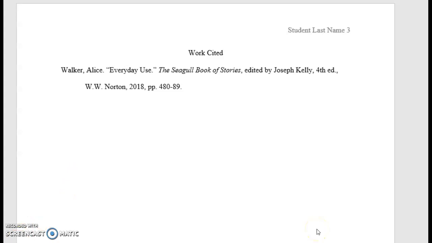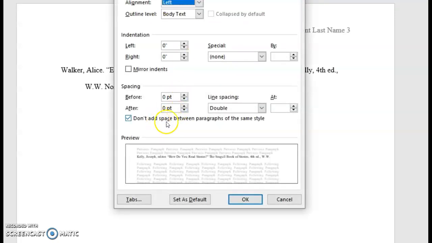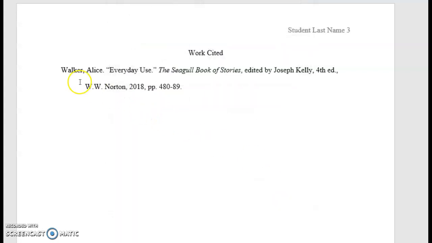If you have your paper set up so that there are no spaces between paragraphs of the same style and that your lines are double spaced, to achieve that look, you just hit enter and then the tab key.